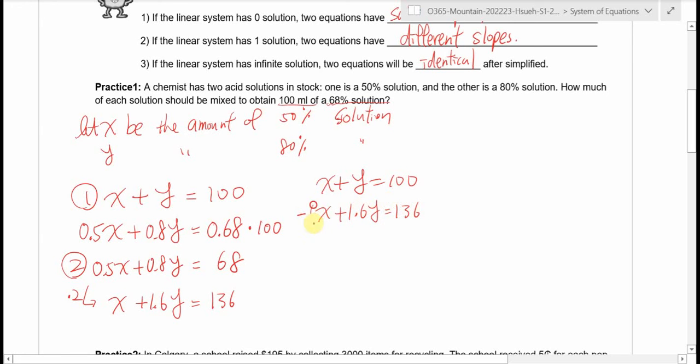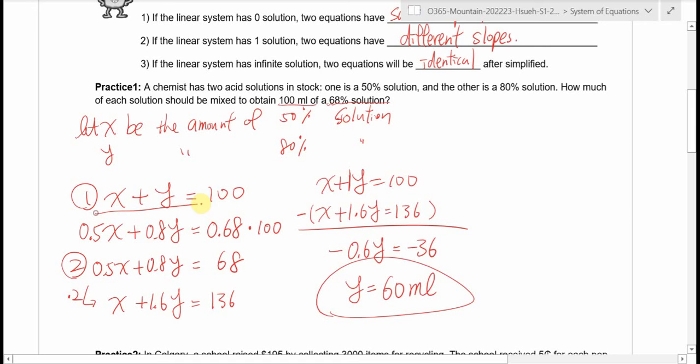We can now subtract these two equations, solving by elimination. x minus x is 0. Remember, if it's y, it's 1y. So 1y minus 1.6y is negative 0.6y, and that equals negative 36. Dividing both sides by negative 0.6, you should get y equals 60 milliliters. Since they add up to 100, x would equal 40 milliliters.